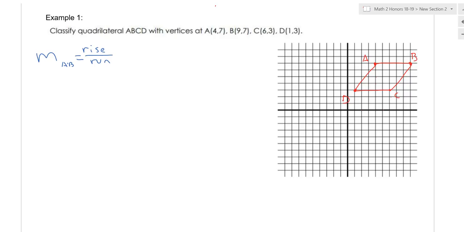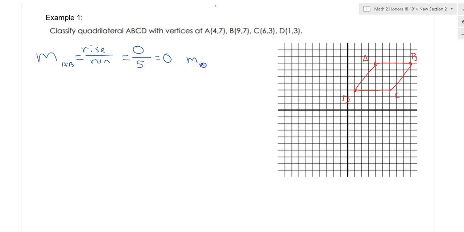So slope is rise over run. This is a horizontal line, so I'm not going up at all, but I'm going over 5, which is just 0.